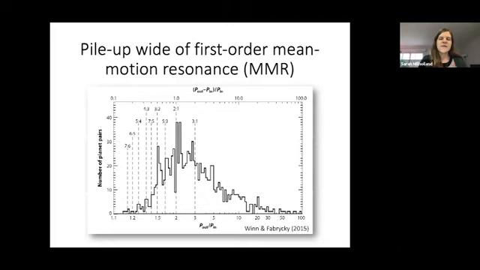So this problem, again, concerns the period ratio distribution, which I'm showing here for Kepler planets, just pairs of planets within the same Kepler multi-planet system. The x-axis is the ratio of the outer period to the inner planet's period, across many different systems.